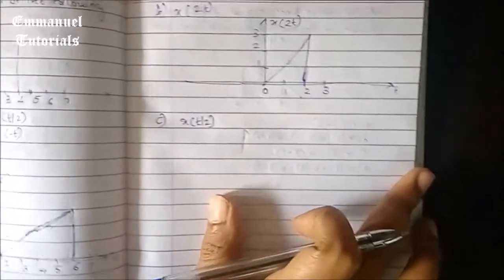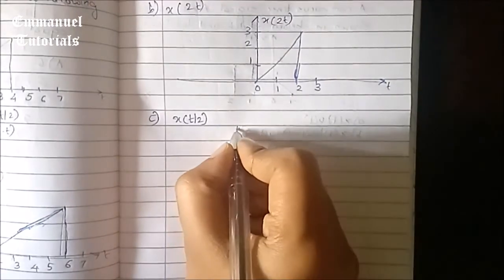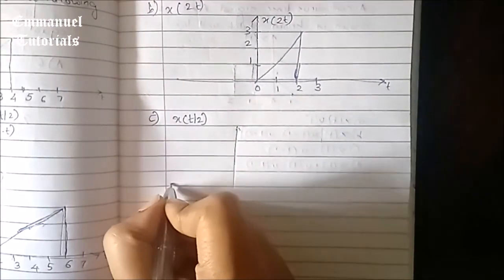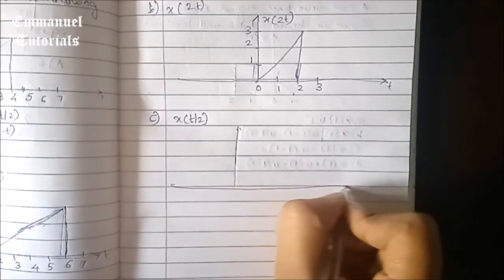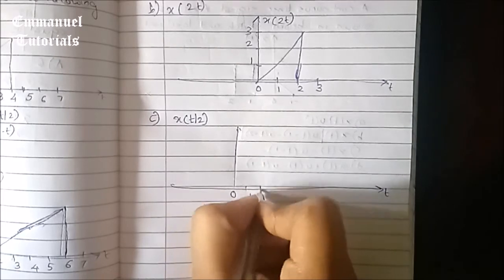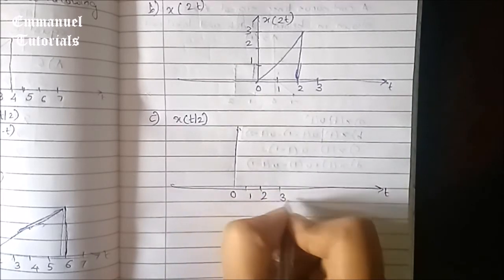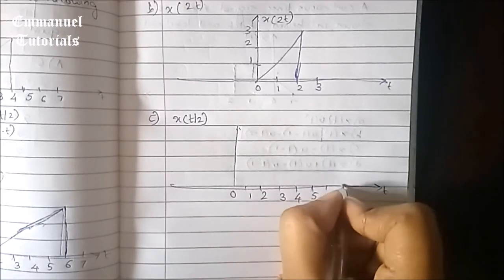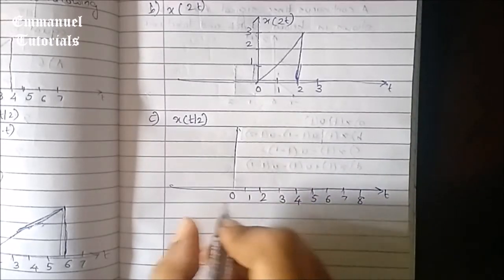Now we'll have points till 8 because it's going to be expansion. 0, 1, 2, 3, 4, 5, 6, 7, 8.